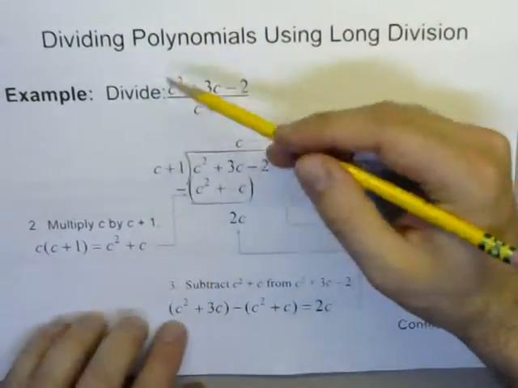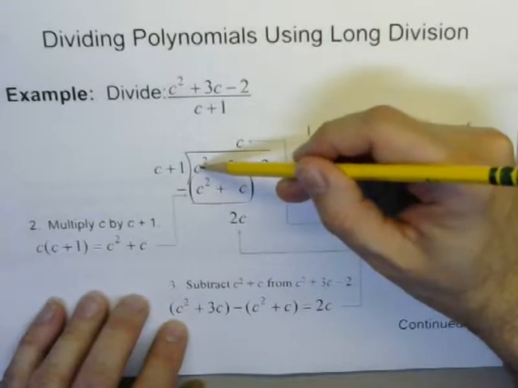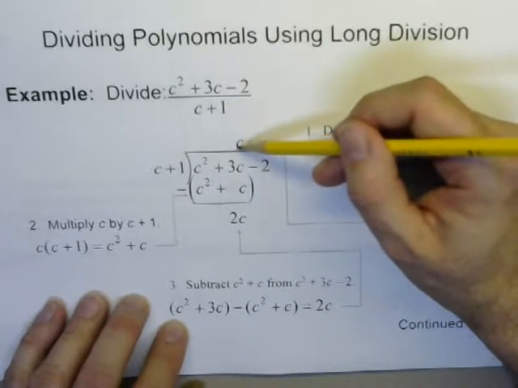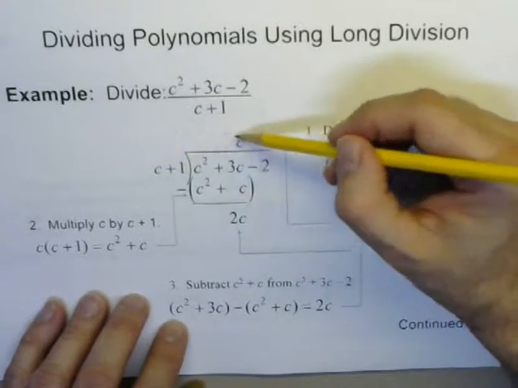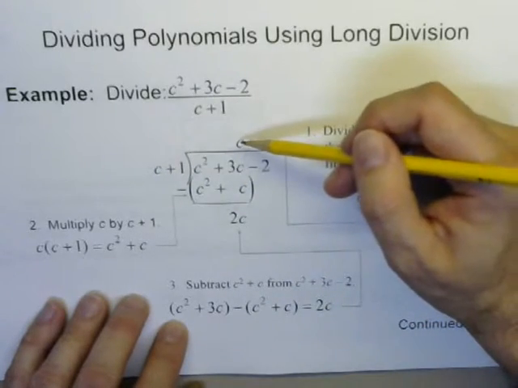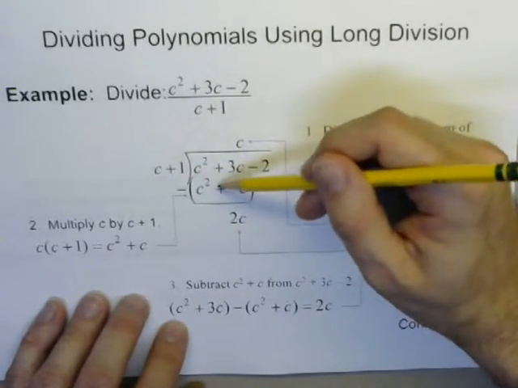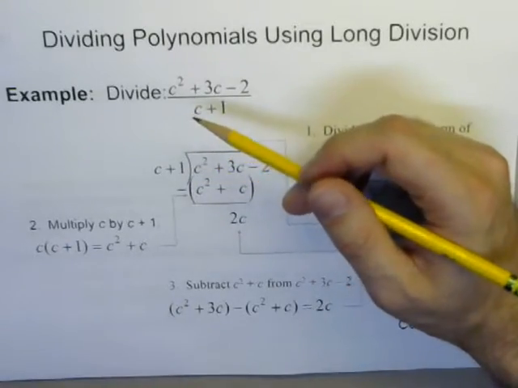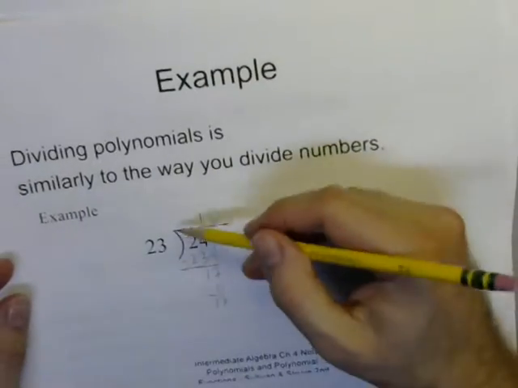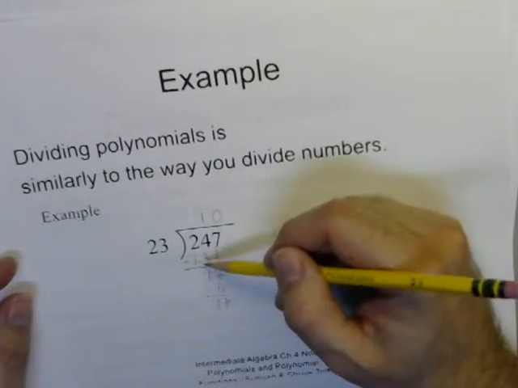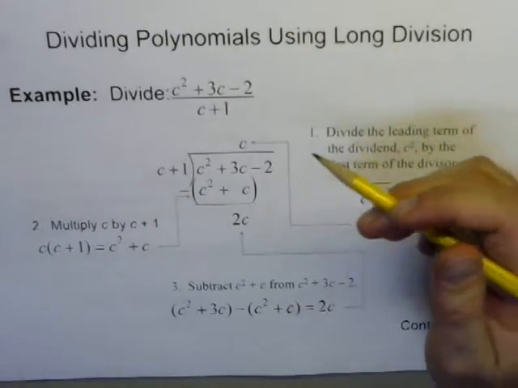So I'd multiply c by c to get c squared. And the only thing is whatever you write up here, you have to multiply it times both of these things here. So you'll get c squared plus c, and then you would subtract, just like we did in this example. We took 1 times 23 and got 23, and then just subtracted.